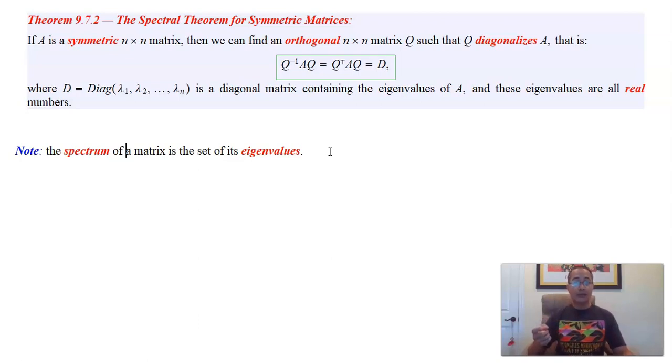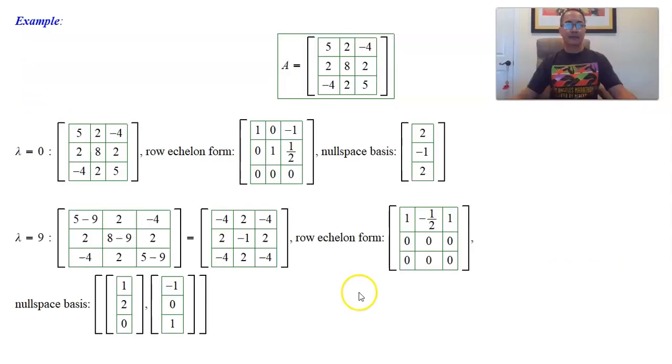So we're going to go back to that example that we had before, where we did see that one eigenspace is one single eigenvector, and the other eigenspace was two-dimensional. All right, so here's that example, and now we get to finish it off.